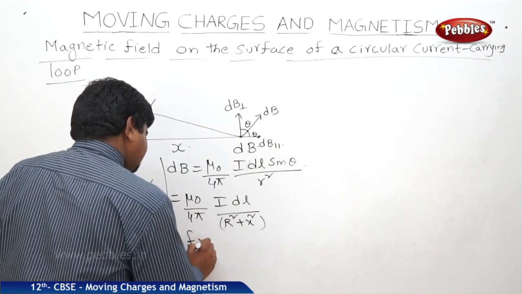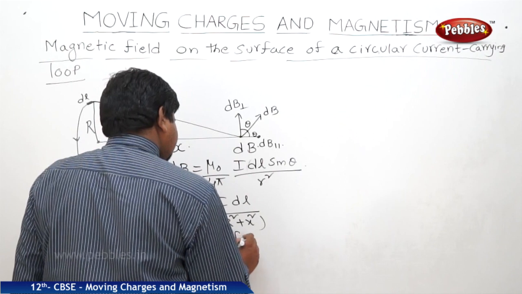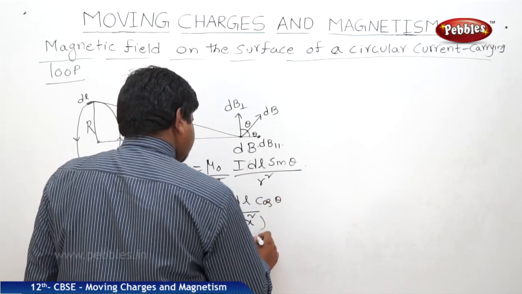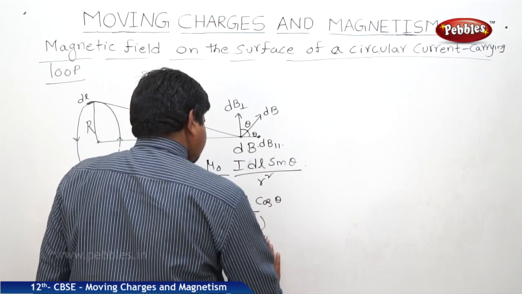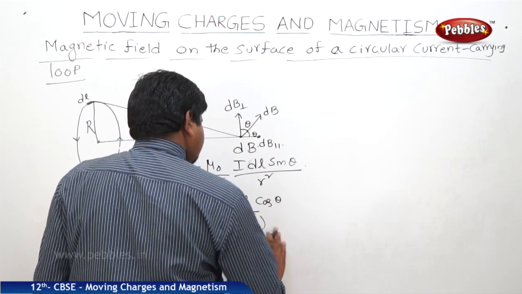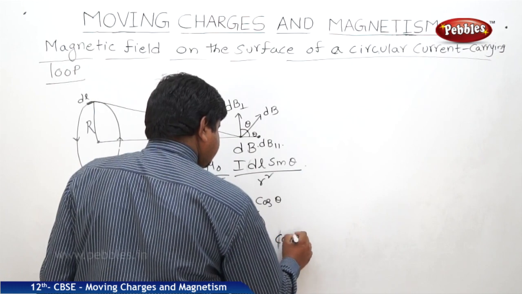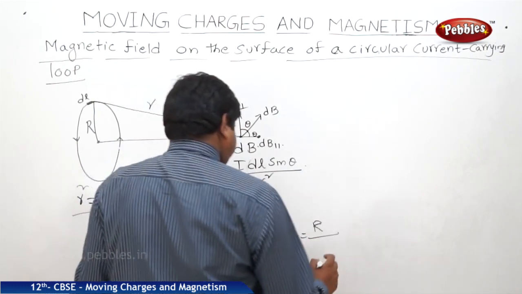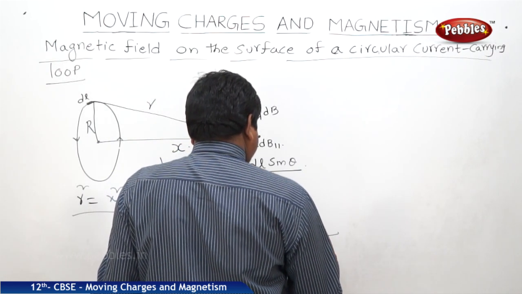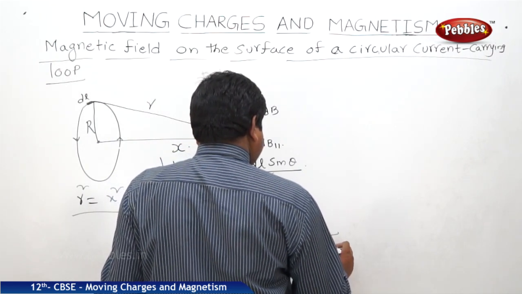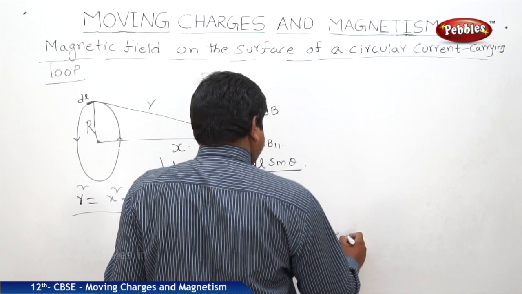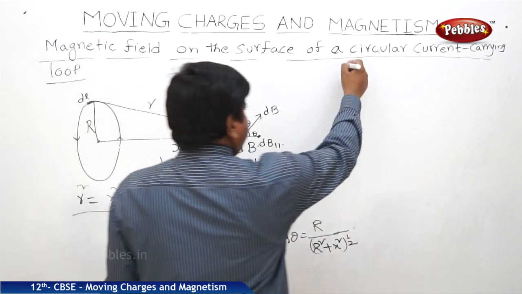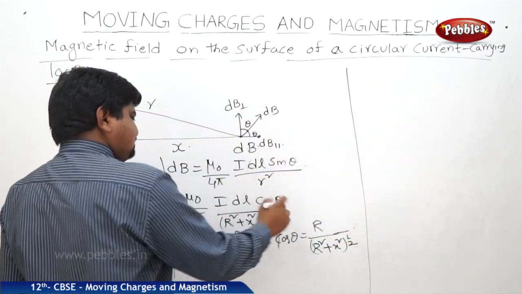So from the figure, cos theta is equal to r by r square plus x square whole power half. So we are substituting this cos theta value in this expression.